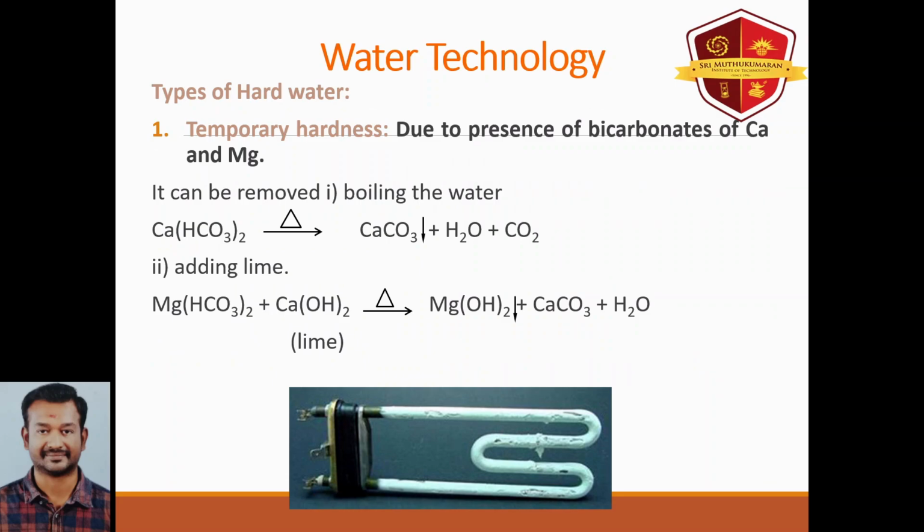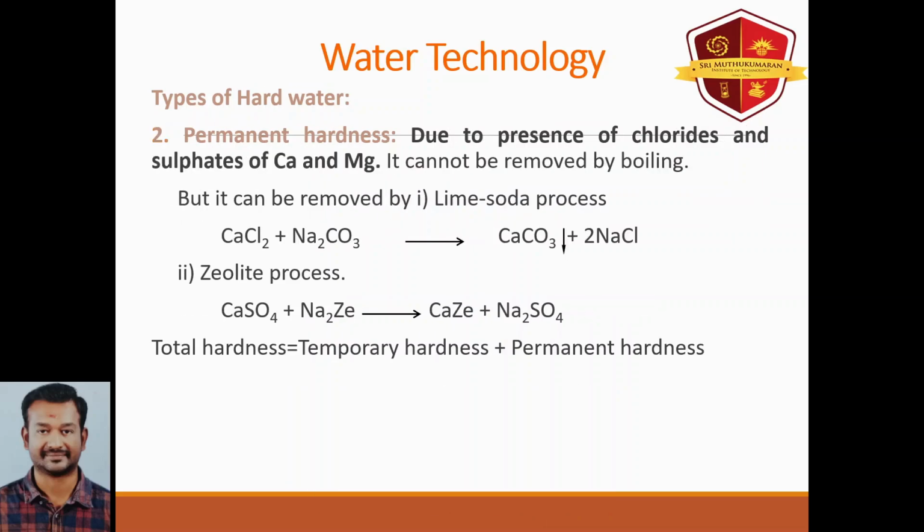Temporary hardness is due to the presence of bicarbonates of calcium and magnesium. It can be removed by boiling the water, or by calcium hydroxide, which on heating leads to formation of calcium carbonate. Permanent hardness is due to the presence of chlorides and sulfates of calcium and magnesium. It cannot be removed by boiling, but it can be removed by the lime soda process.